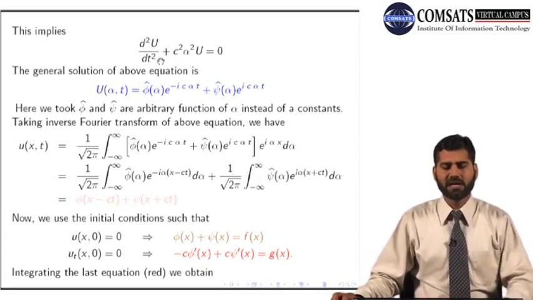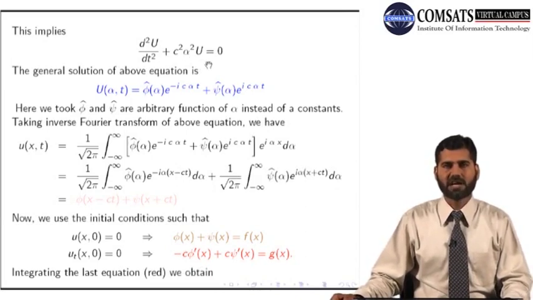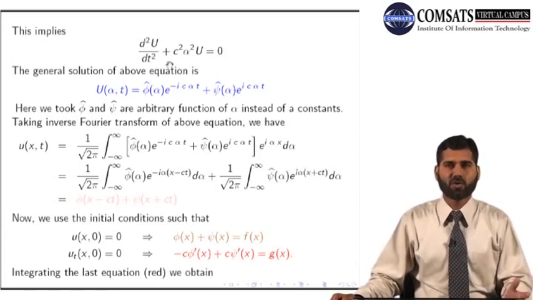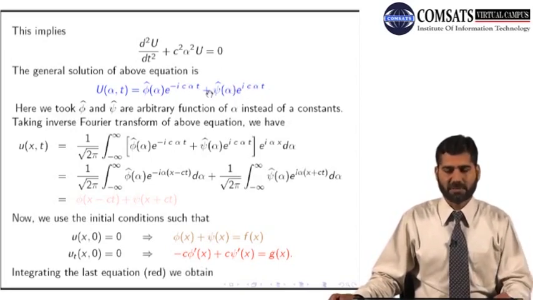What are the roots here? m square is equal to minus c square alpha square, so m is plus minus iota c alpha. So your general solution will have either cosine and sine form, cosine c alpha t and sine c alpha t, or you can write e to the power iota c alpha t or e to the power minus iota c alpha t.